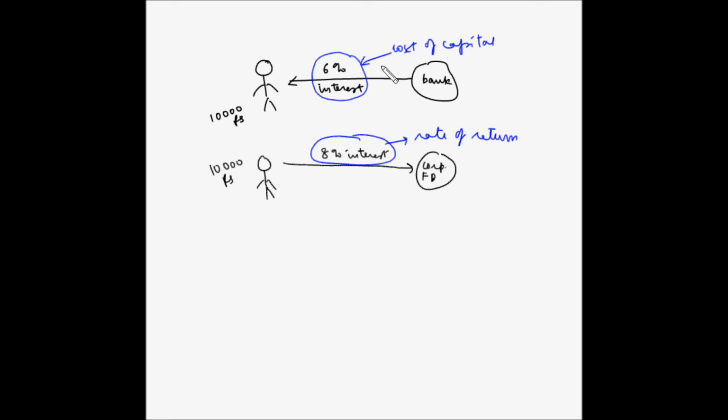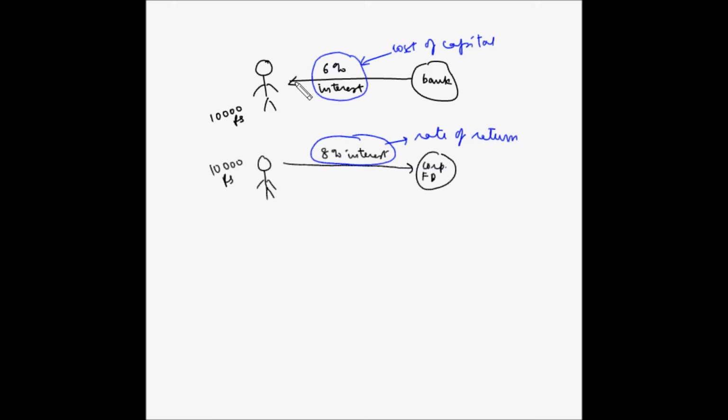So this cost of capital is what we used for discounting cash flows in the NPV and the discounted cash flow methods. Now we used this in the NPV method as we were trying to find out if the cash inflows are worth more than the cash outflows when we have to pay back the cost of capital to the bank.